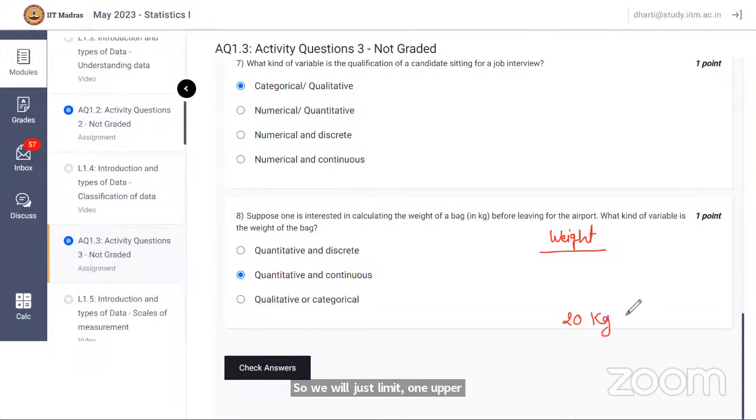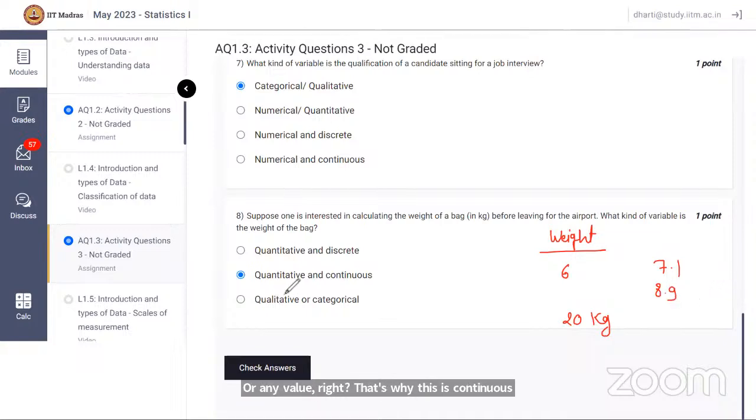It may be more than that also, but we are just assuming 6 to 20. Now, when you weigh your bag, it can take any value lying between 6 to 20, right? It may be 7.1 kg, maybe 8.9 kgs, or any value, right? That's why this is a continuous variable.